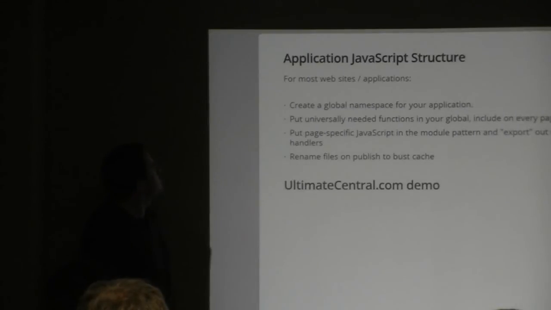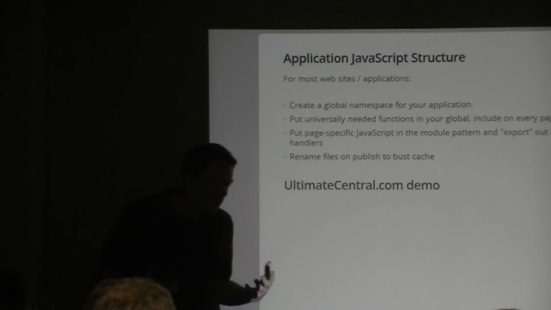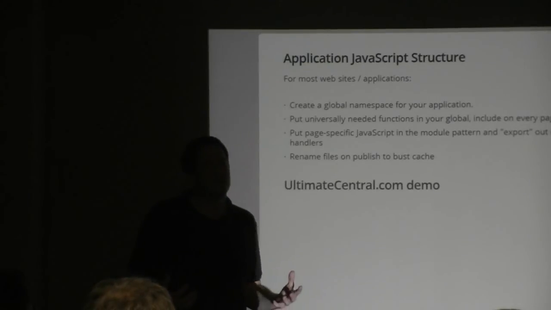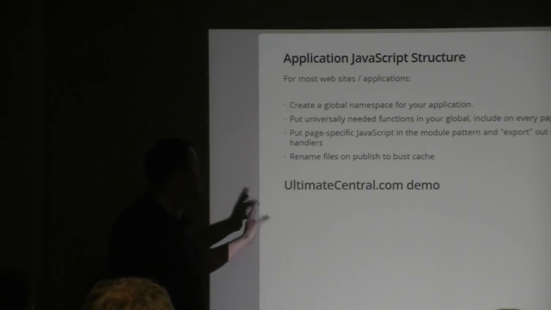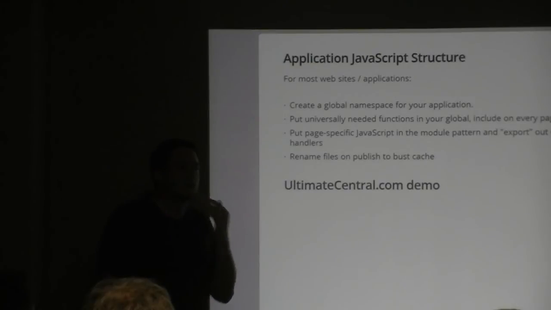This is advice for most people in the room. If you are doing async and you know what you're doing, this doesn't matter to you. For most people, this is what you want to do. You have a web application with 100 pages, 1,000 pages, and a lot of stuff on those pages is repeated.